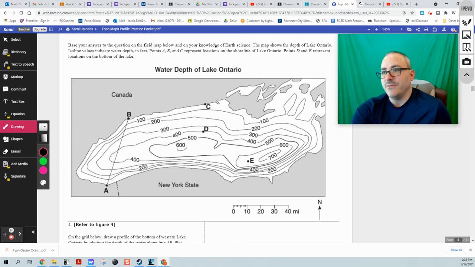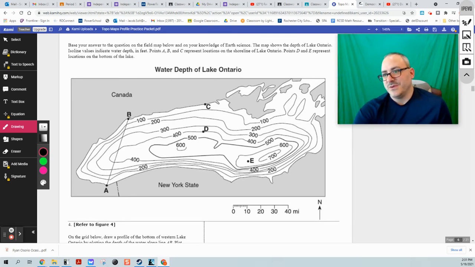The shoreline is going to be 0. That's our sea level for this particular problem. And these are, of course, going down, right? Because the lake levels are measured in how many feet from the surface down. So 100 feet, 200 feet, 300 feet deep, 400 feet deep. Did you even know that Lake Ontario got to 700 feet deep? I didn't know that.